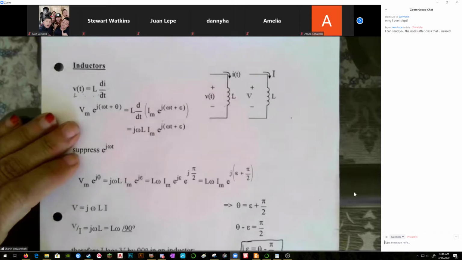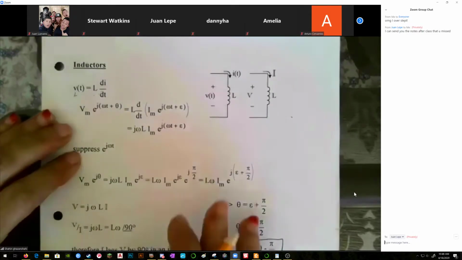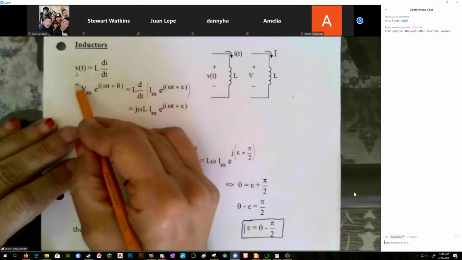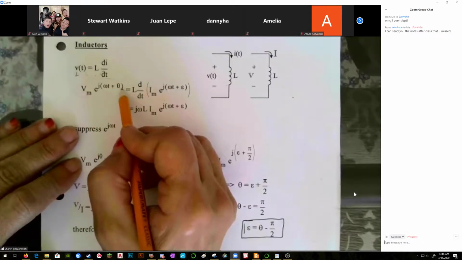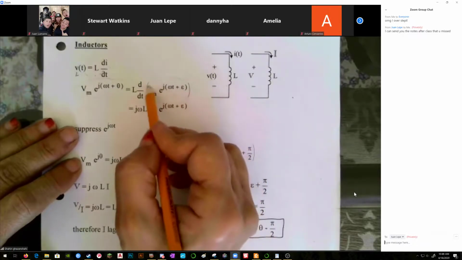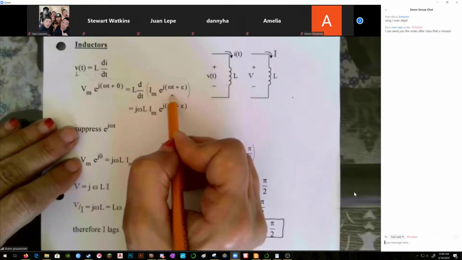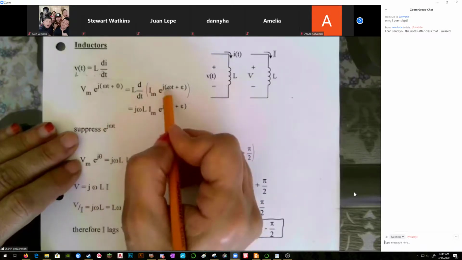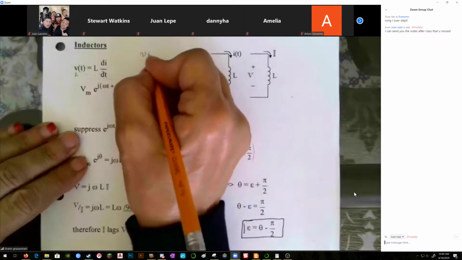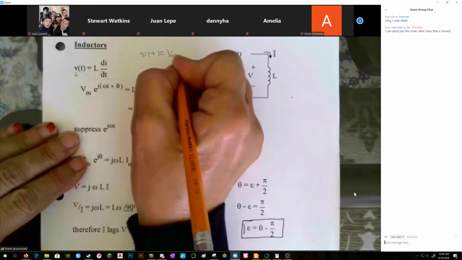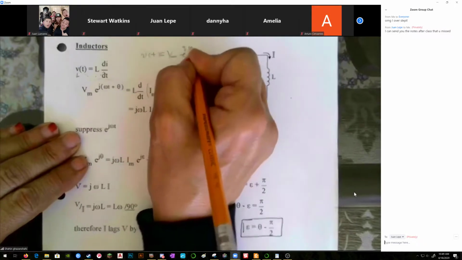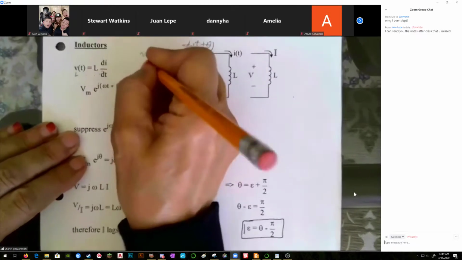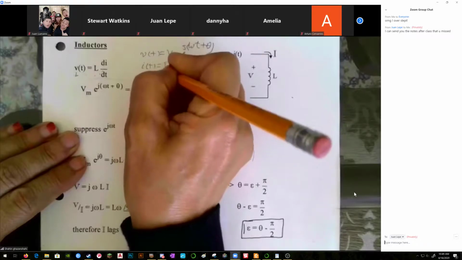So that's why I go to complex. Okay, remember the voltage, always I use Vm exponential of j omega t plus theta, current Im exponential of j omega t plus phi, correct? They're equivalent complex forms, always. So you say it's V of t. In all my derivation, I use this general form. This is my voltage. This is my current in a complex form.